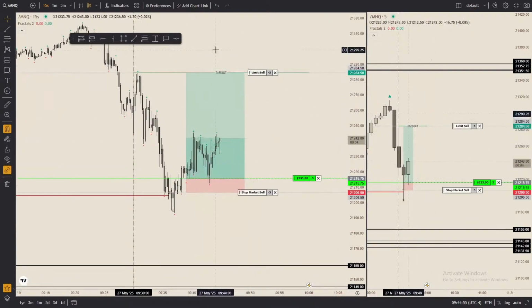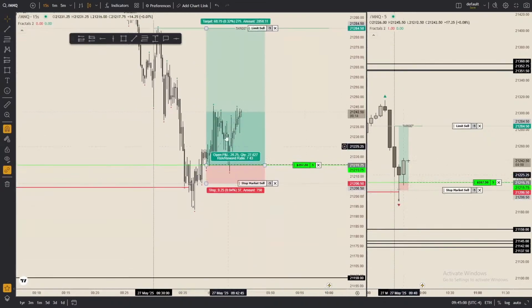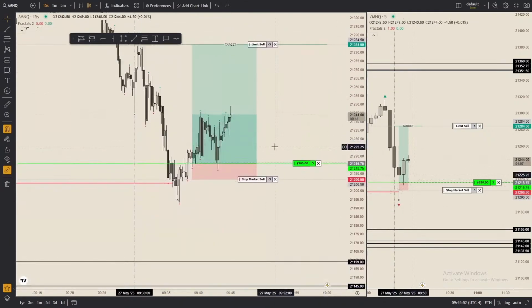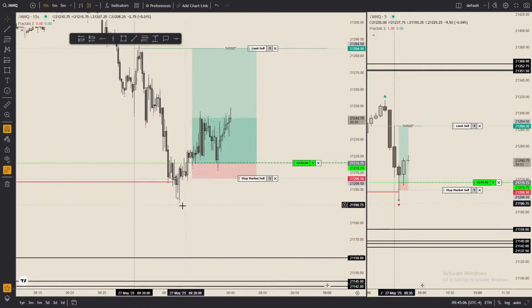It's nothing that my target's further than it's supposed to be, or my entry isn't how it's supposed to be. I think the biggest thing making me uncomfortable is the fact that we didn't really get a fractal sweep down here.